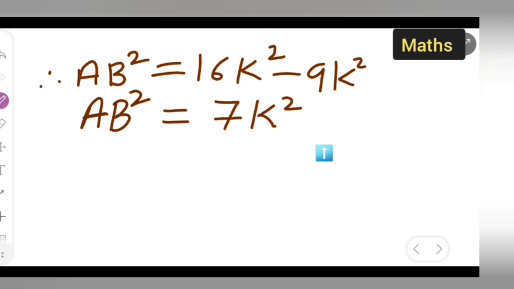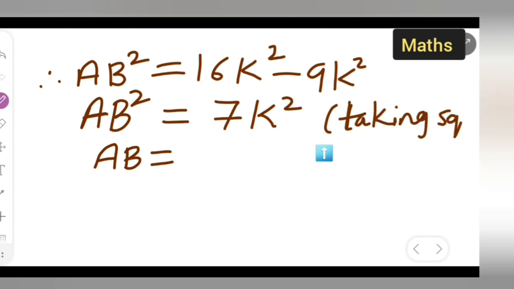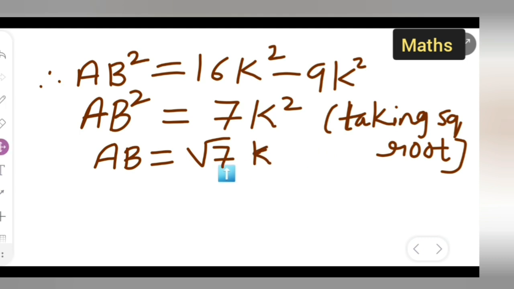If you take the square root, you will get AB equal to root 7 and then K. The root is only for 7, because if you apply the root to K square, it will become K. So AB is equal to root 7K.